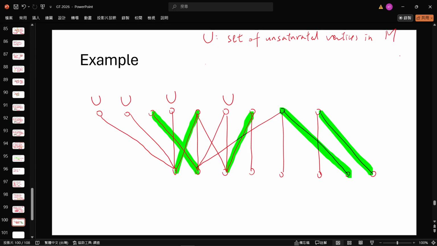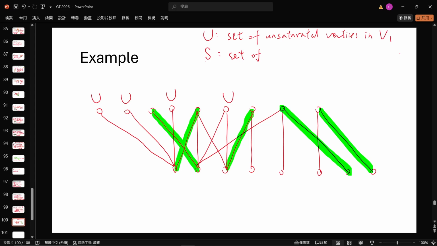And because I want to extend this path, I want to trace the vertices that I can reach using alternating paths, okay? So I'm going to use S to denote the set of vertices, this is not in M, this is in V1.